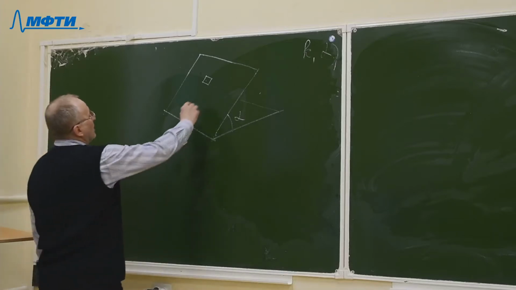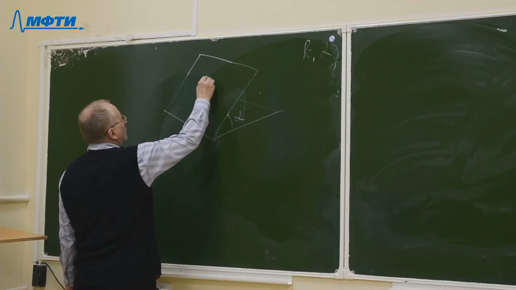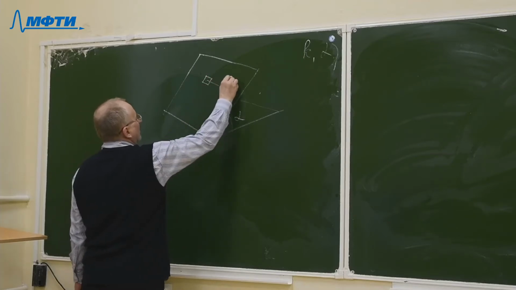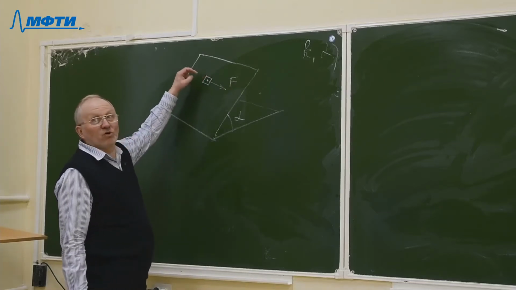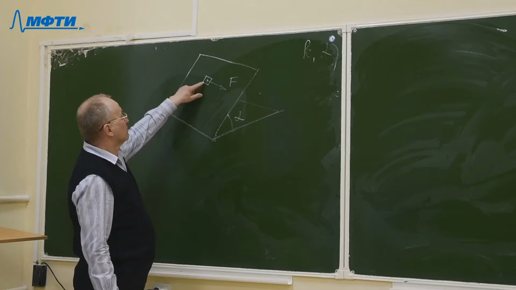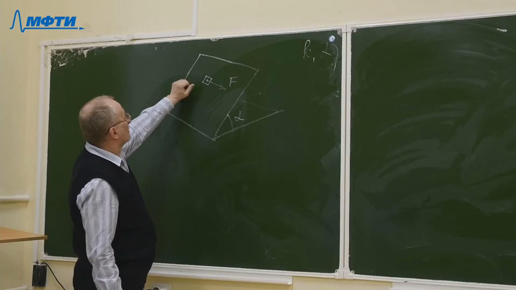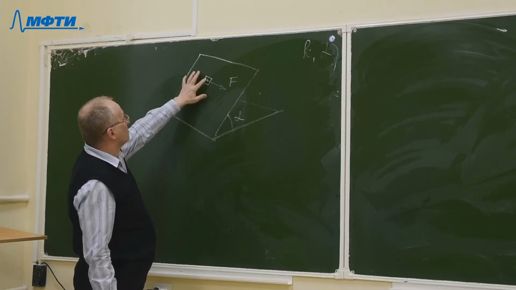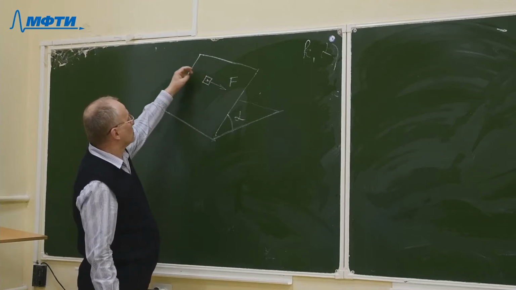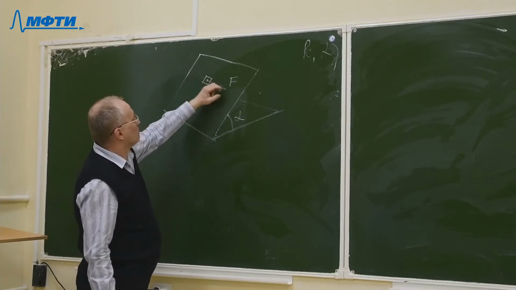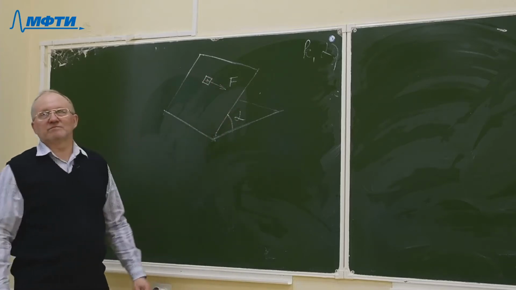And it's known that we start acting with a force F on this body, and if the force is small, the body will not slip. It will remain without moving, fixed on the plane. But if the force grows, at some minimum possible force, the body will start moving.